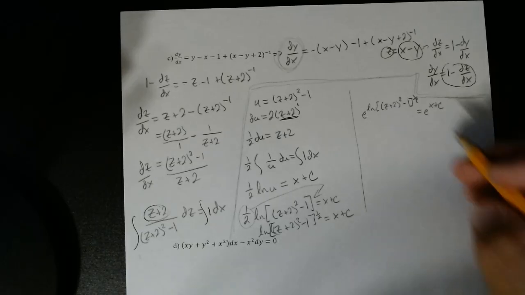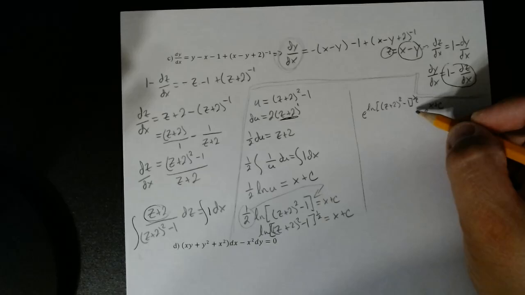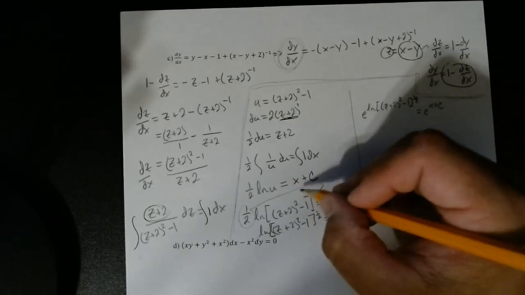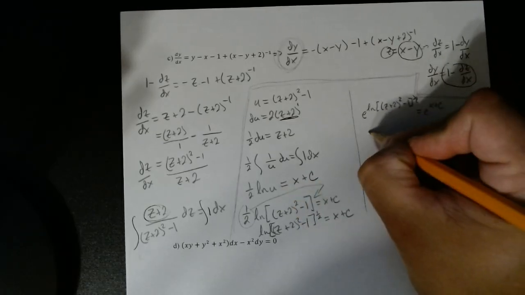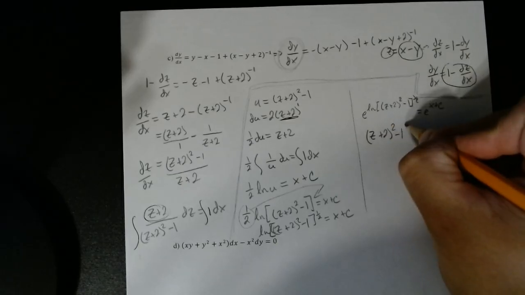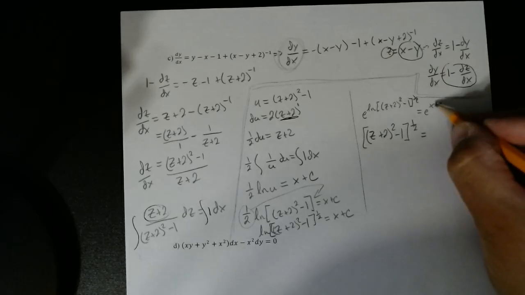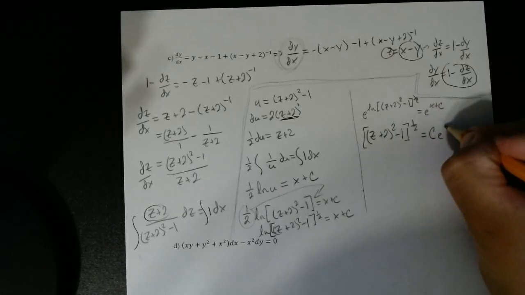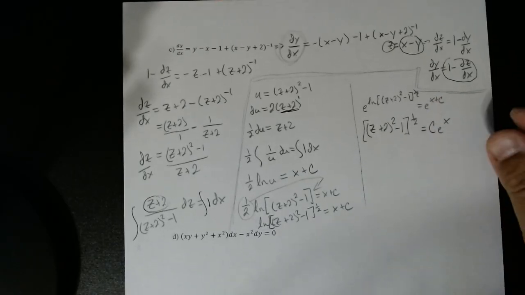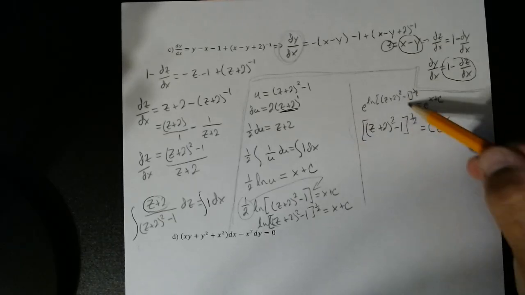All right, so ln's cancel and e's cancel, so we just get, yeah, I guess we could do that. Yeah, it'd probably be easier if we just did it here. It's okay. And this simplifies just that. Okay, so we're going to square both sides to get rid of this 1/2 power.